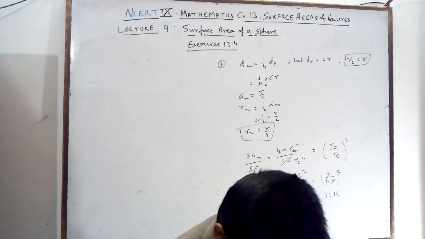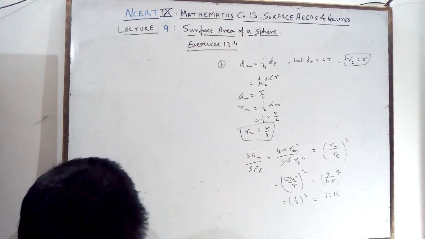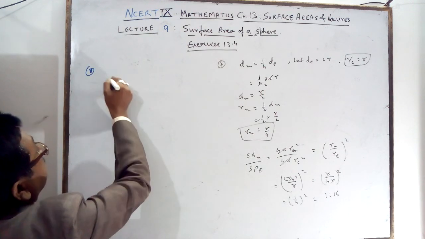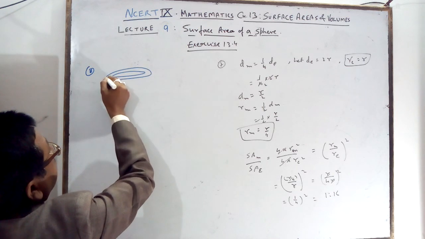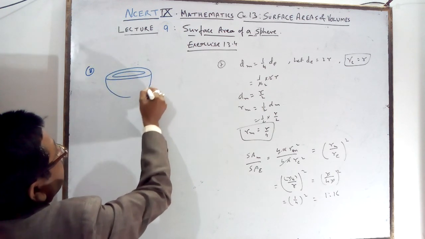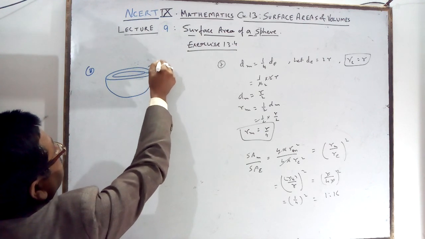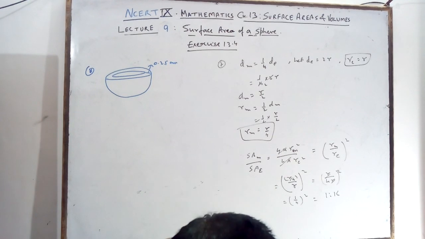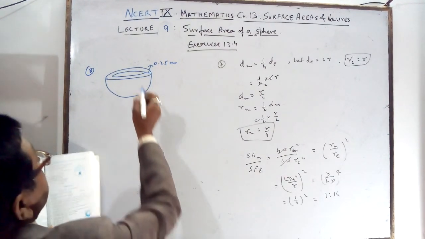There is a hemispherical bowl made of steel 0.25 centimeter thick. Hemispherical bowl made of a sheet of 0.25 centimeter thick. This is given, 0.25 centimeter thick. The inner radius of the bowl is 5 centimeter.